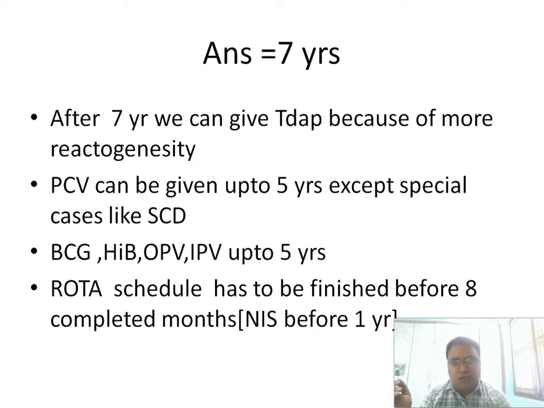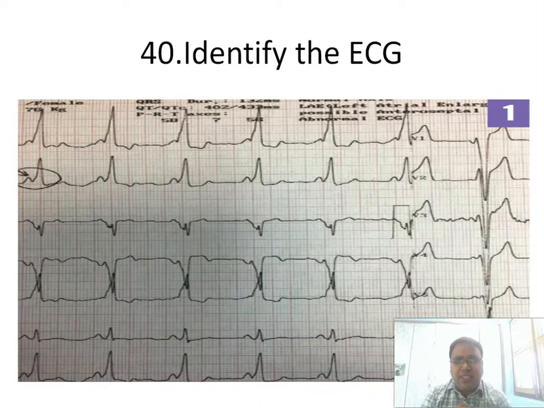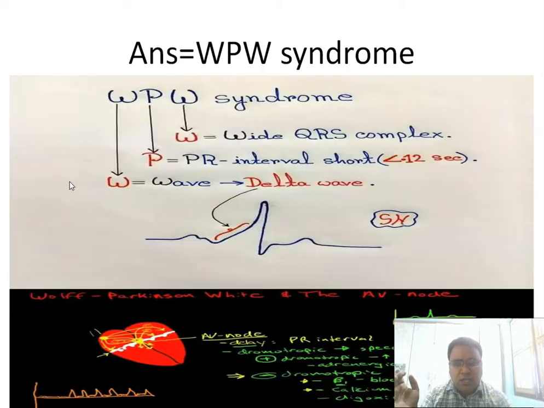Next, identify the ECG. What are you getting in this ECG? This is a typical ECG. In this circle mark we are getting the delta waves, the QRS prolongation and short PR. This is classical, no second thought about this. This is WPW syndrome.